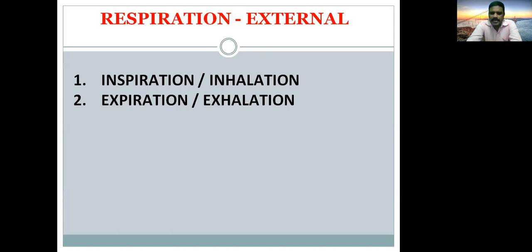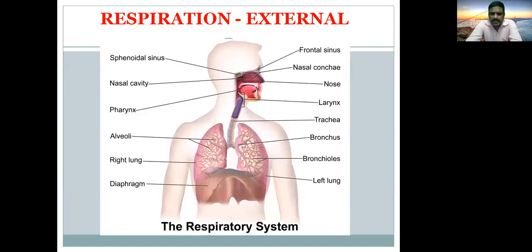So in this way, the respiratory system performs two respiratory movements called inspiratory movements and expiratory movements. In these movements, the diaphragm helps and intercostal muscles also help. In this diagram, we can see that outside the body of the person, the atmosphere is there, full of oxygen, having 21% oxygen.